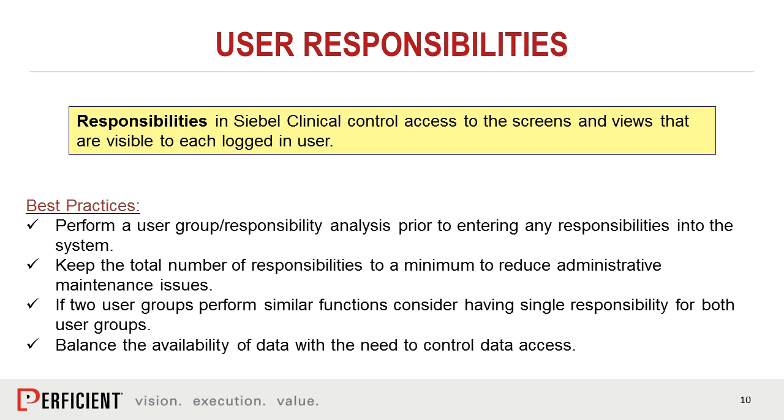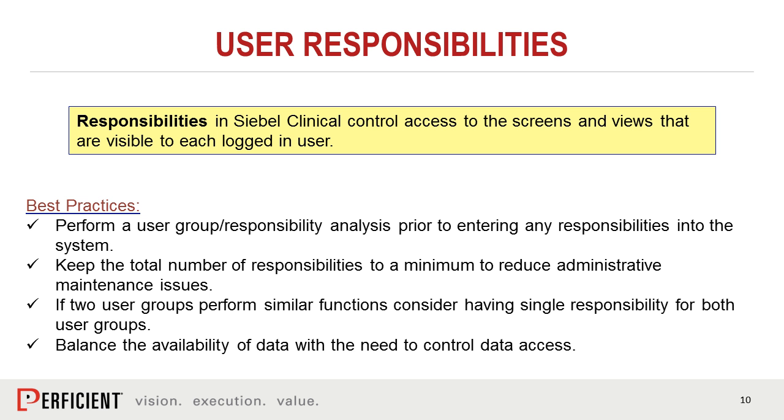You can think of it as a study manager and maybe a lead CRA. Sometimes they're performing very similar functions within the application. So you may not need to create two different roles, but actually create one so you can maintain it easier, and then have some process controls in place instead.